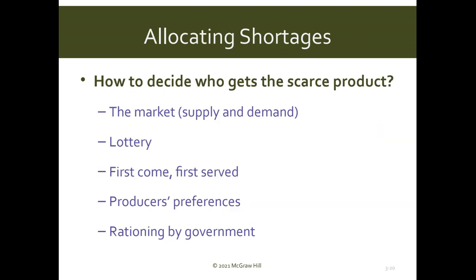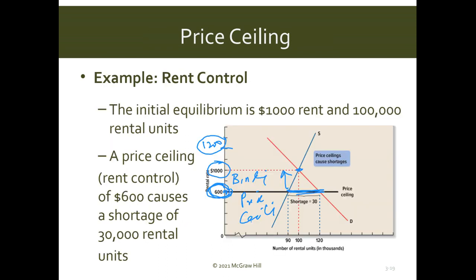In the diagram, demand is for 120 apartments, but available apartments are only 90. Who is going to get these 90 apartments out of these 120 families? What is the rule? There must be some rule. So these are the rules. Number one, the market.